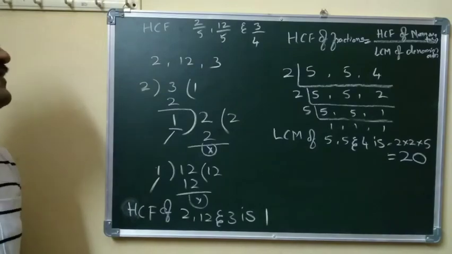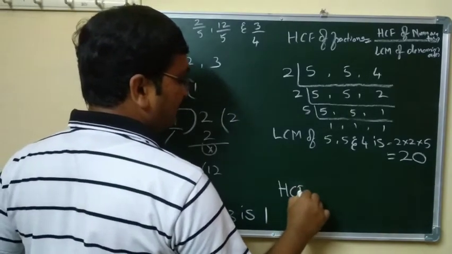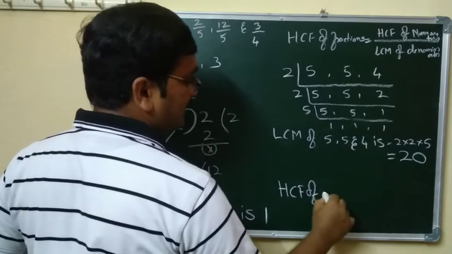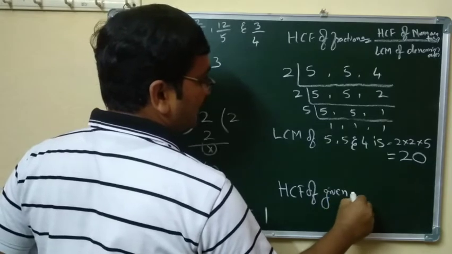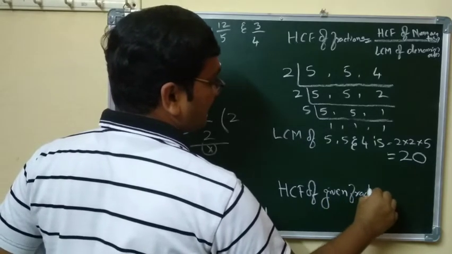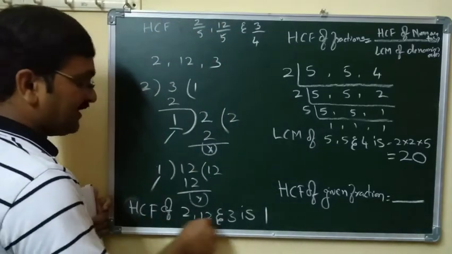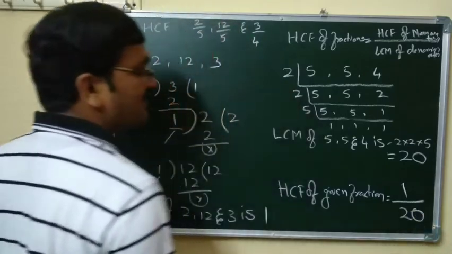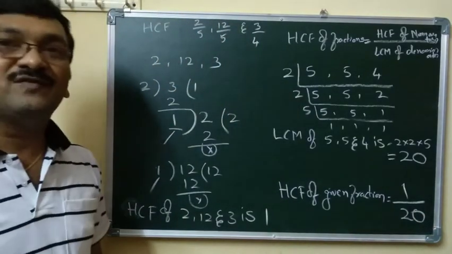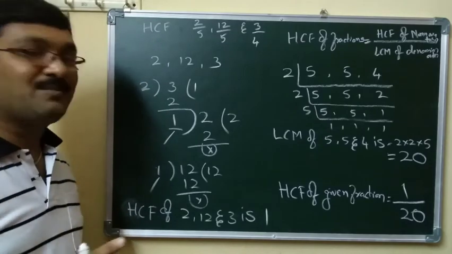So the principle is, HCF of the given fractions equals, see, the HCF of the numerators is 1, the LCM of the denominators is 20, so 1 by 20. That's all. Okay, I think some may have a doubt.